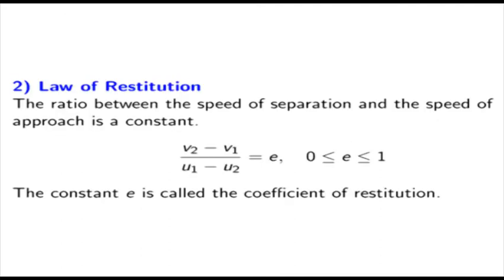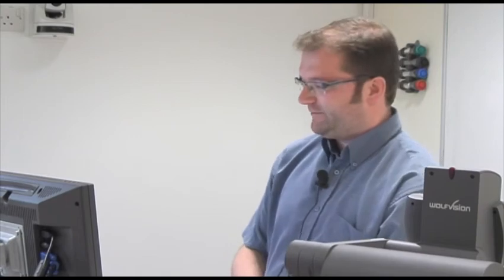On the other hand, the other extreme is that E is very small, or even 0. This would correspond to a ball that doesn't bounce at all, for example, one that just sticks on the desk after the bounce. Now, for the two-ball bounce, we will assume that all the collisions are elastic, so we will assume that our balls are quite bouncy. And that's the end of the theory part.